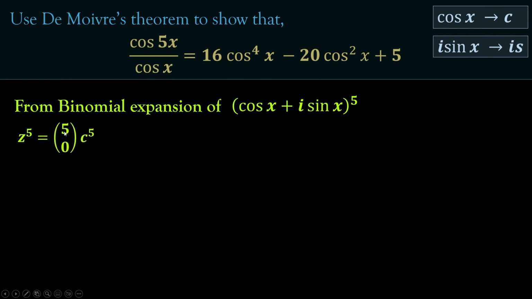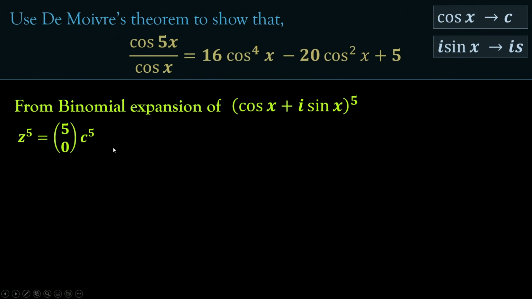So 5 combination 0, c to the power 5, so cosine of x to the power 5, but i sine x to the power 0. Anything to the power 0 is 1, so I'm not going to put that here. Then the next term is going to be 5 combination 1, cosine of x to the power 4, so the power of cosine is going to decrease, the power of i sine is going to increase.